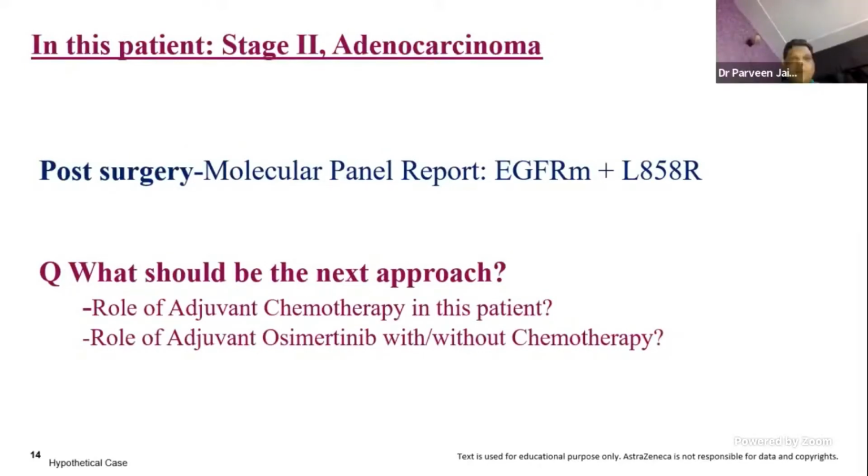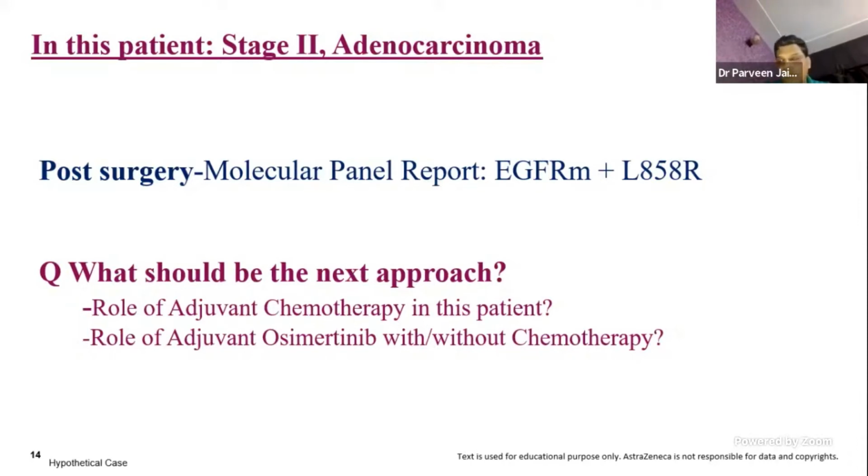Okay, so this patient has stage 2 adenocarcinoma, EGFR mutation, and as per Rajat, it was not Del 19, it was L858R. So what should be the next approach? So I think we will start with Manish. Whether you will proceed with adjuvant chemotherapy, adjuvant osimertinib, or adjuvant chemotherapy followed by osimertinib.